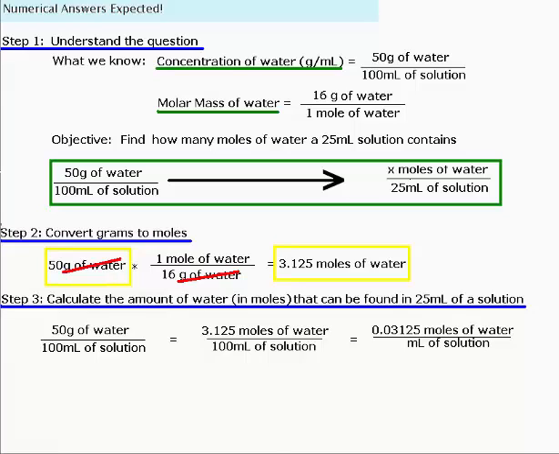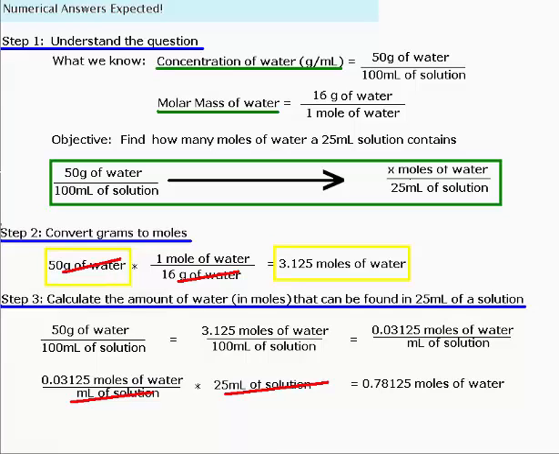So we'll take that ratio and multiply it by 25 milliliters of solution. Again, we can cancel out milliliters of solution, and this reduces to 0.78125 moles of water. Since the question asks us to round off our answer to 2 decimal places, the answer then becomes 0.78 moles of water.